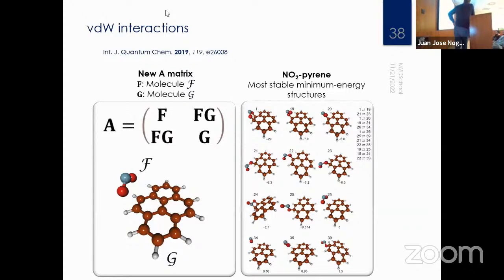So this is an example for this system, the NO2 pyrrole system. These are the most stable structures shown here. Okay, these are the connections. We obviously also get the transition states, and this is something that we can do. I guess there is an example this afternoon. We'll probably have the chance to look at one of these examples. Okay?